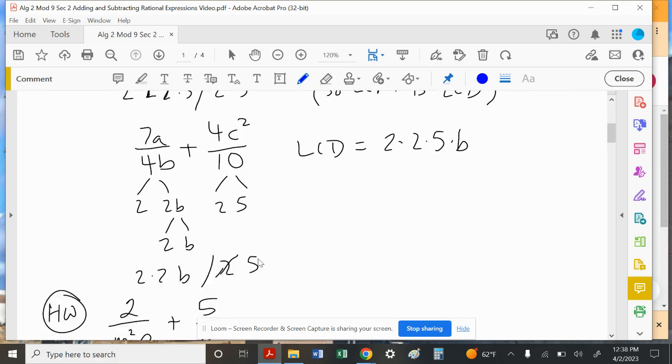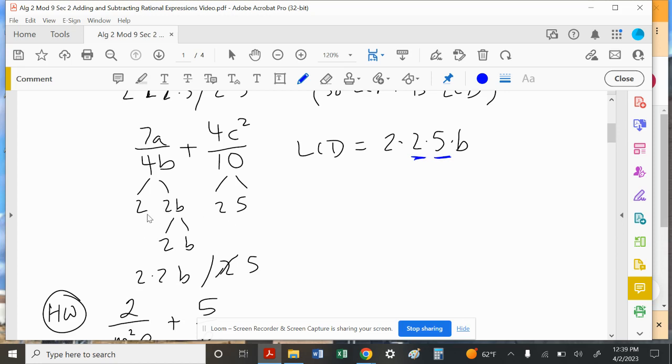So what does that mean? So if I break this down for b, if I break it down to its prime numbers, I get 2 times 2b, then break down the 2b into 2 times b. So I have a 2 and a b. Notice for the 10, I have a 2 and a 5. So both of them need 1 2. So this would be the 2 that's combined between the two of them. This one needs a 5. This one doesn't, but still needs a 5.